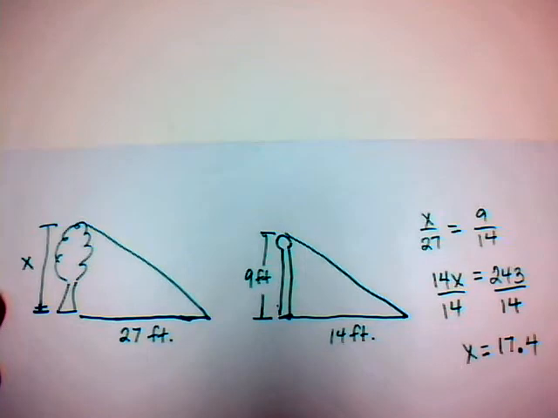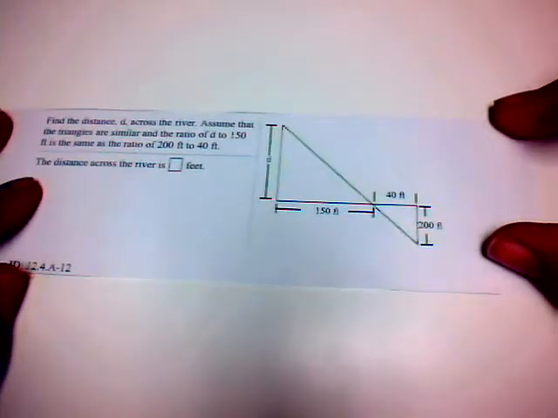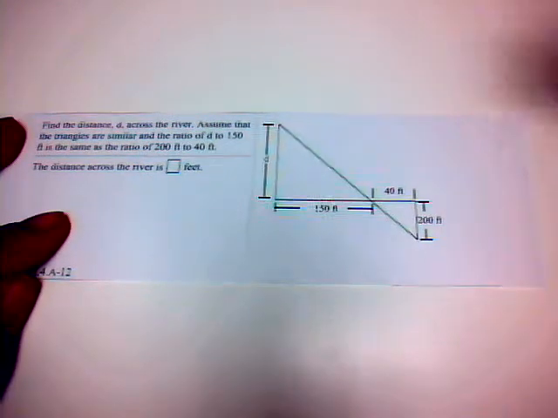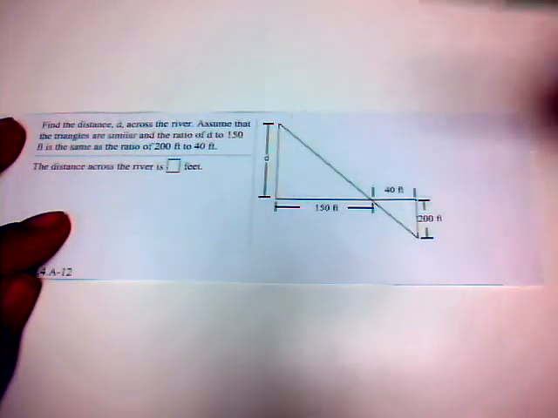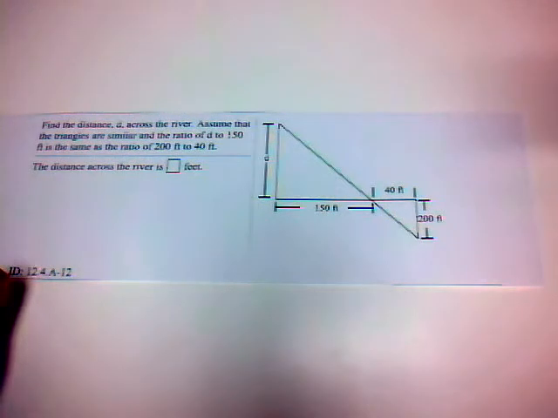Okay, now here's another example of a proportion problem with triangles. Find the distance, which is going to be the length d, that's this length, across the river. Assume that the triangles are similar and the ratio of d to 150 is the same as the ratio of 200 feet to 400 feet.